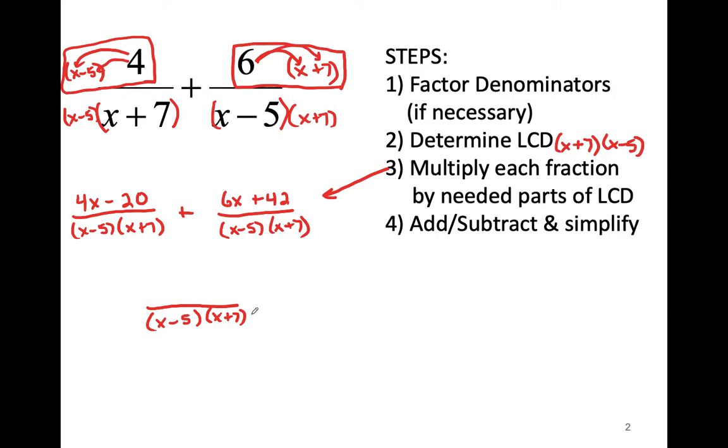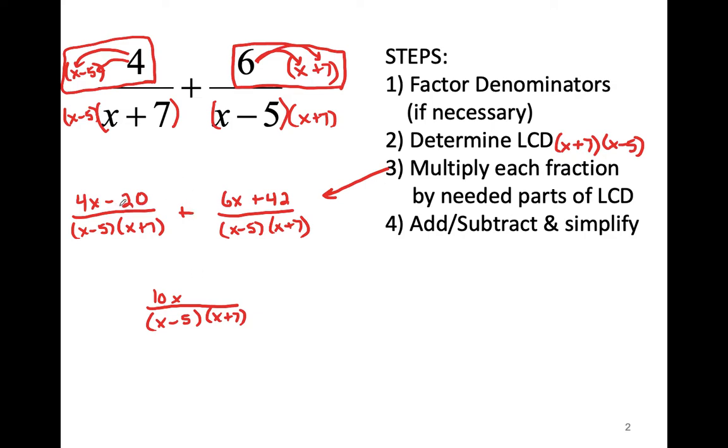Okay, that's my denominator. My denominator is easy at this point. All the denominator work already happened up here in step number 2. So once I get past step number 2, my denominator should be pretty easy. Well, now let's go back up and work with the numerator. So now I'm just going to combine like terms. So 4x plus 6x will give me 10x.